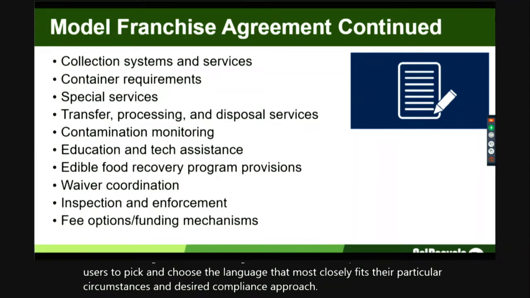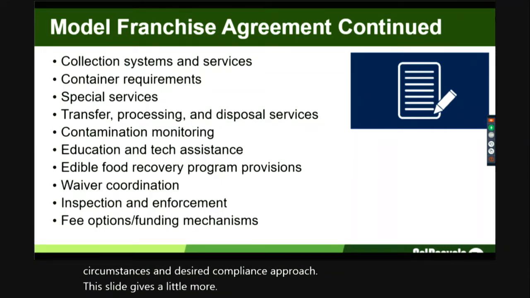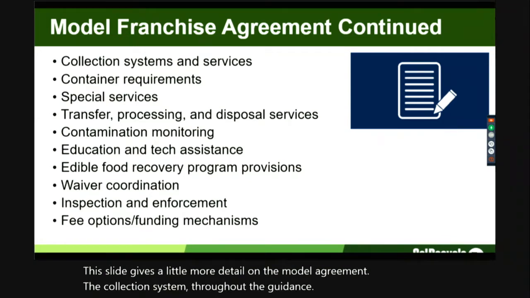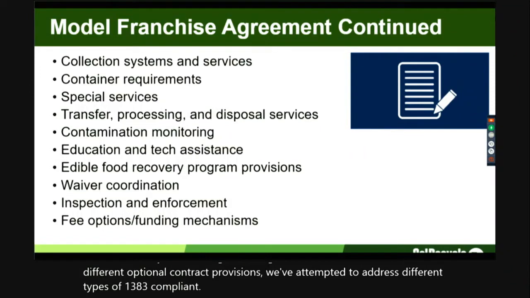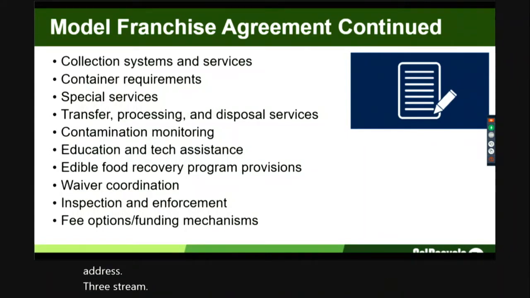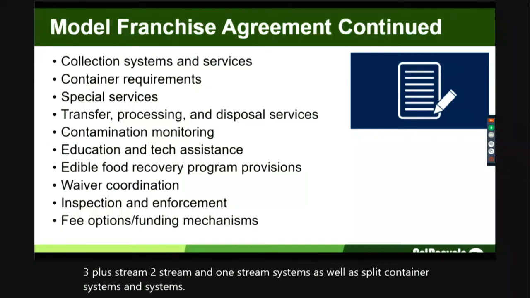This slide gives a little more detail on the model agreement. The collection system: throughout the guidance notes and multitude of different optional contract provisions, we've attempted to address different types of 1383 compliant collection systems and services. For example, we address 3-stream, 3+ stream, 2-stream, and 1-stream systems, as well as split container systems and systems that use plastic and compostable bags.